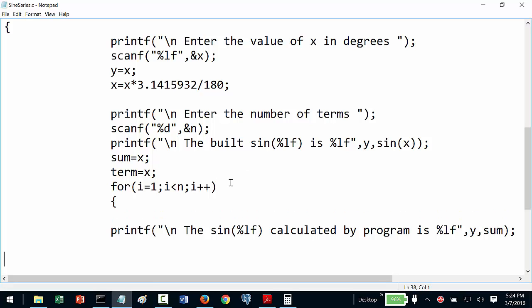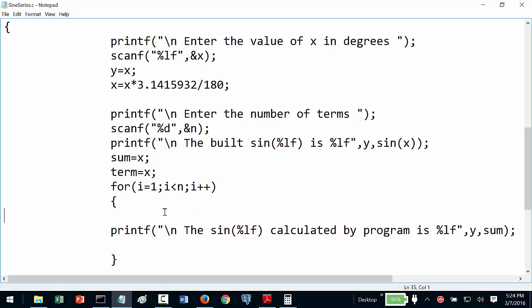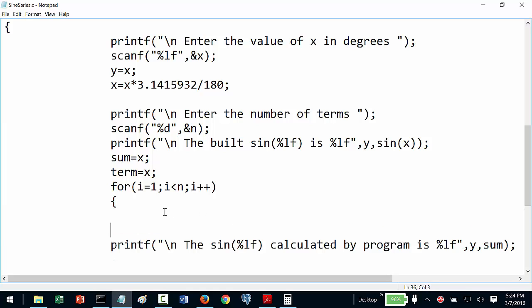Inside this loop, my term is equal to minus 1 into term into x into x, whole divided by 2i into 2i plus 1. We have to be very careful here, it follows the precedence of operators.